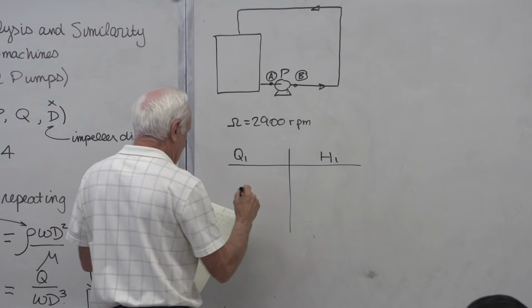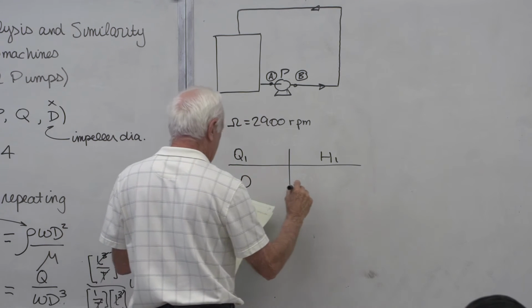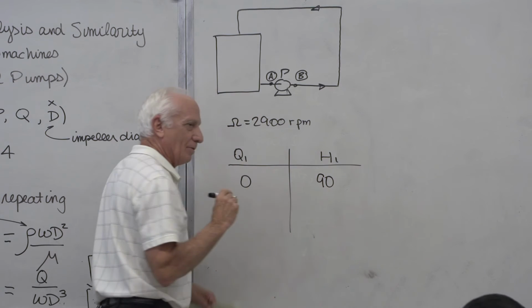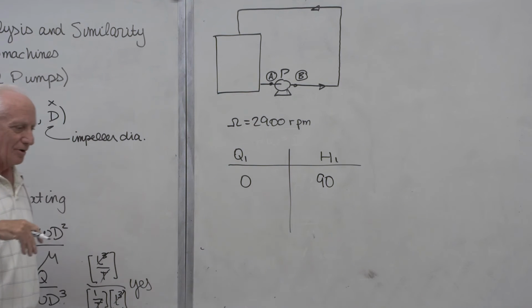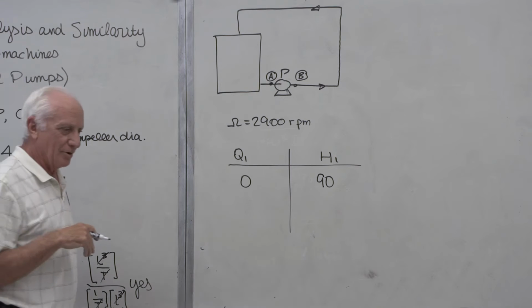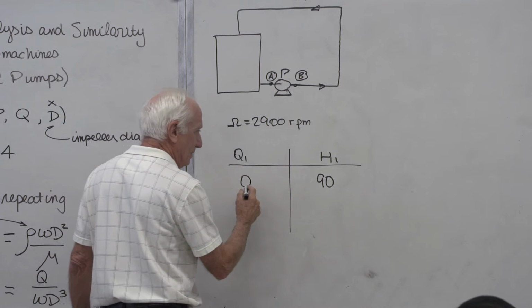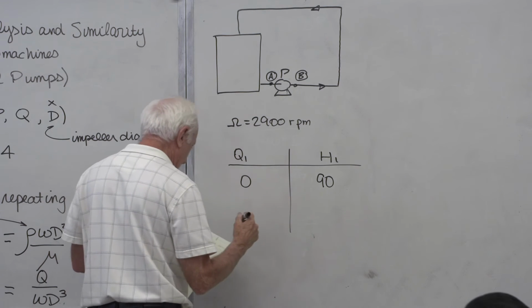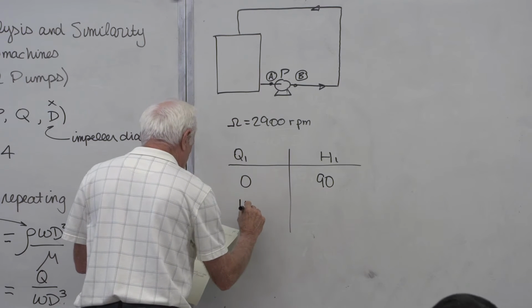So these numbers just came from the data: 0 flow, pump head 90. I don't know what the units are. You can call them meters and liters per second, or you can call them GPM and feet. These are just made-up numbers to show you what's going on.